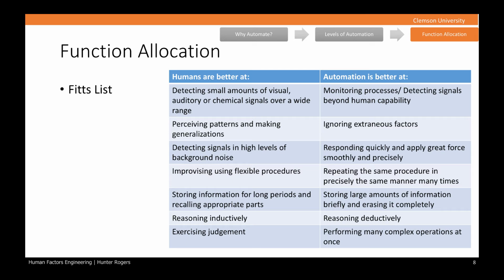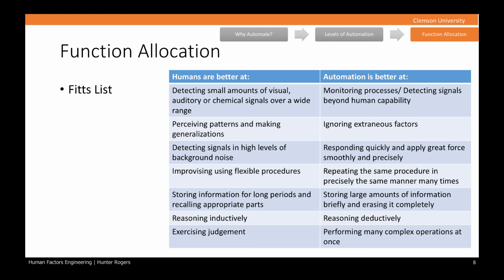Automation is really good at multitasking, whereas sometimes humans are not. So this is a list that many people use to determine whether or not a person should be designed for in this situation, or if automation should help the human or supplement the human or replace the human.